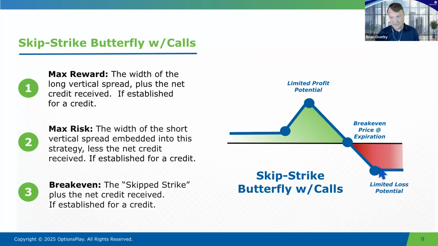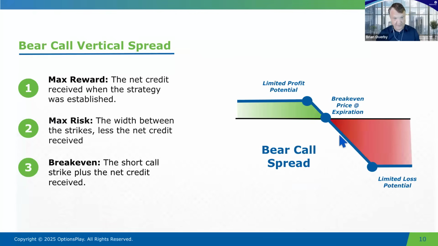So here is the skip strike. Imagine we're embedding that credit spread. And how do we do that? We just skip the standard strike. And usually it's the same width. So if this is 5 points wide, you skip the strike, and then this would be 10 points wide, but your risk is only 5 points, which is the width of the short spread.